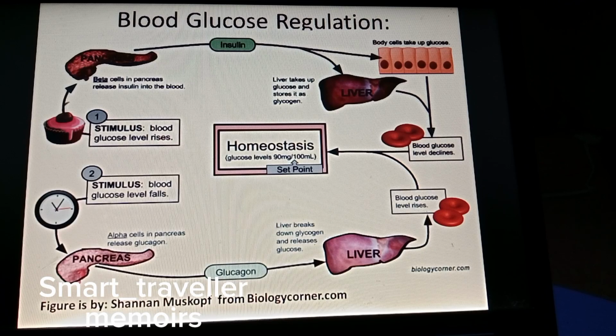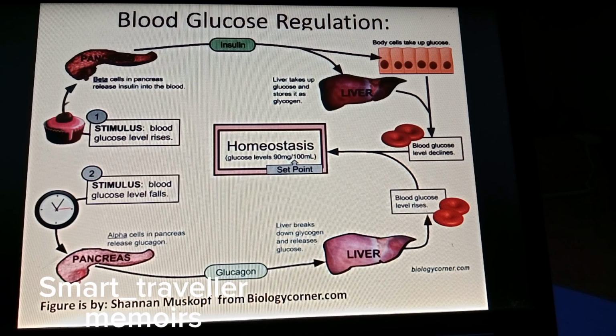Homeostasis, glucose level set point. Stimulus: blood glucose level falls. Stimulus: blood glucose level rises. And then the pancreas secretes glucagon. The liver breaks down glycogen and releases glucose.